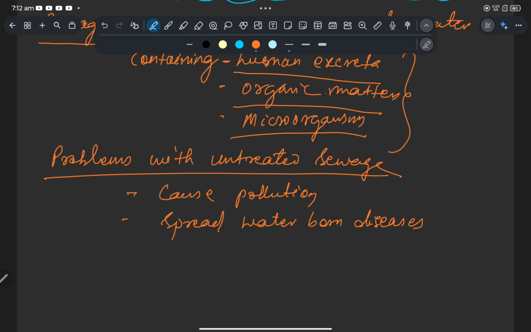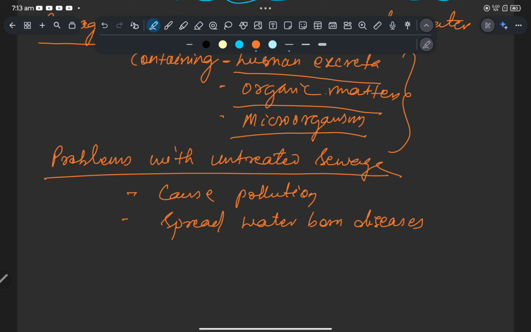The water body into which the sewage is released is used for various purposes, like bathing and drinking. Now it is not suitable for that purpose, because it is polluted and it causes various diseases.